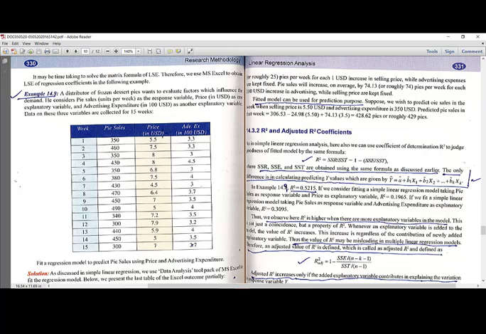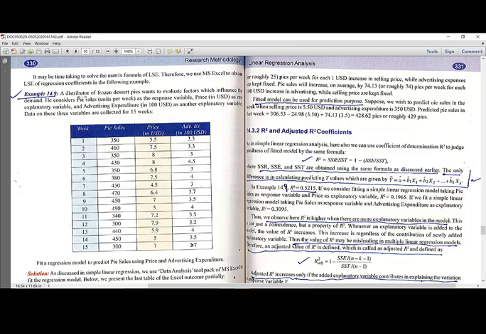So here there are two independent variables, price and advertising expenditure, and the number of pies sold, or we can say pie sales, is indicated as y. This is the dependent variable. So pie sales depend on the price as well as the advertising expenditure. So y is a function of x1 and x2. There are two variables here.